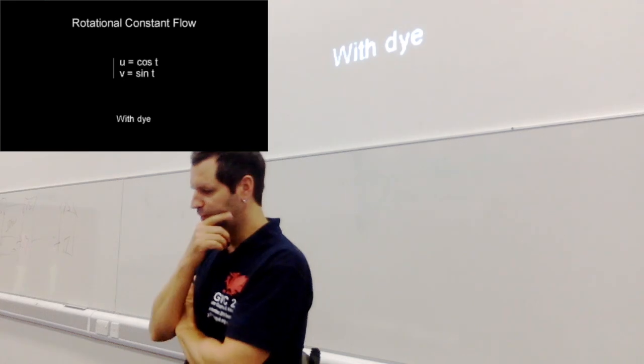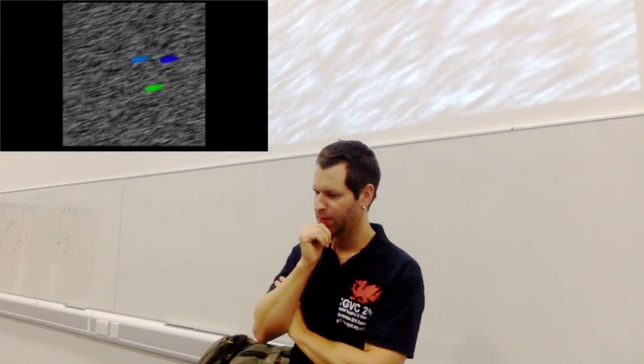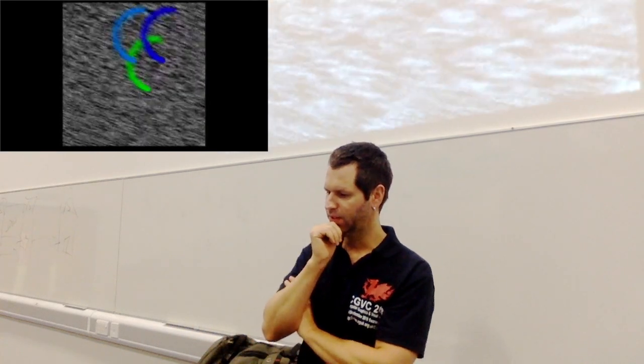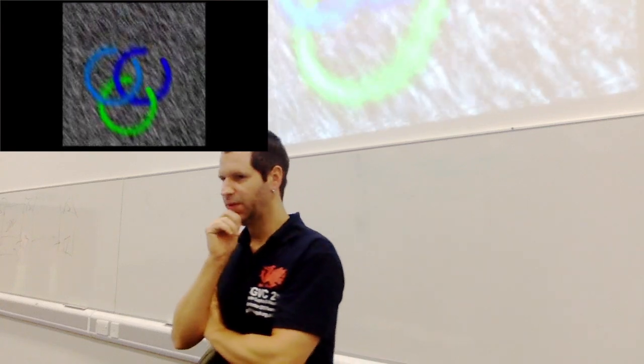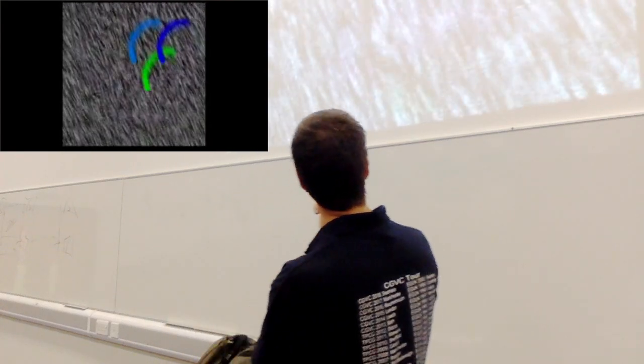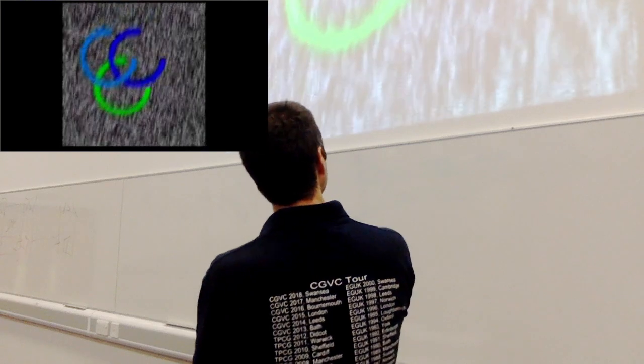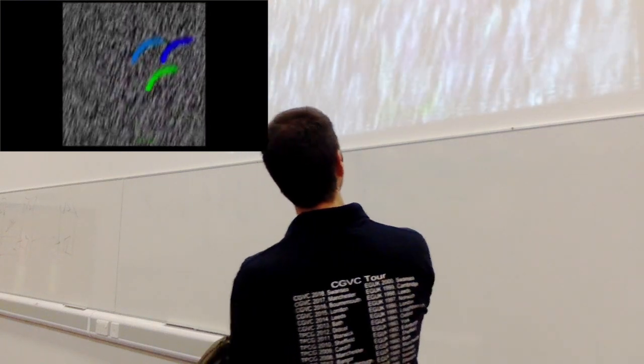You can see aliasing artifacts in this video if you look carefully. I don't know if you guys can see the aliasing artifacts, but on my screen it's pretty apparent. Yeah, you can see some aliasing artifacts here.